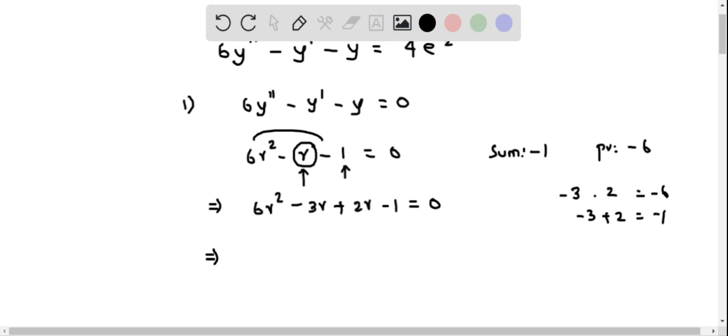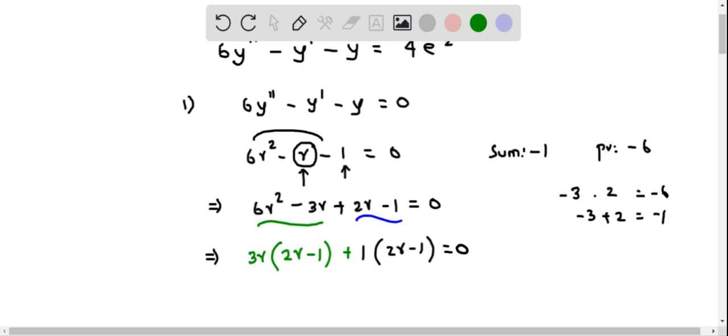Now we can write this in factor form. Let's consider these two terms, and here we can factor 3r, and when we do this we get 2r minus 1. Now let's consider these two terms. Here we simply factor 1, and when we do that we get 2r minus 1, and this equals 0.